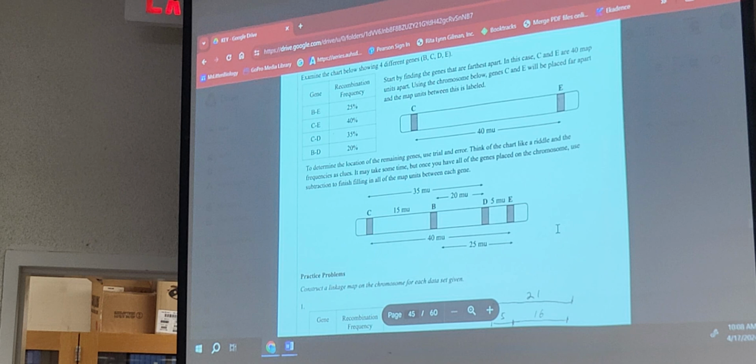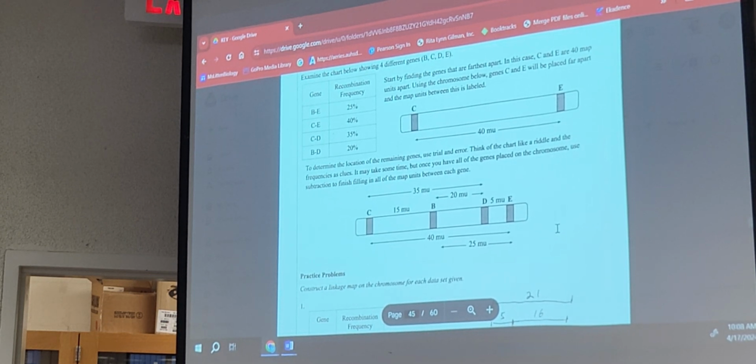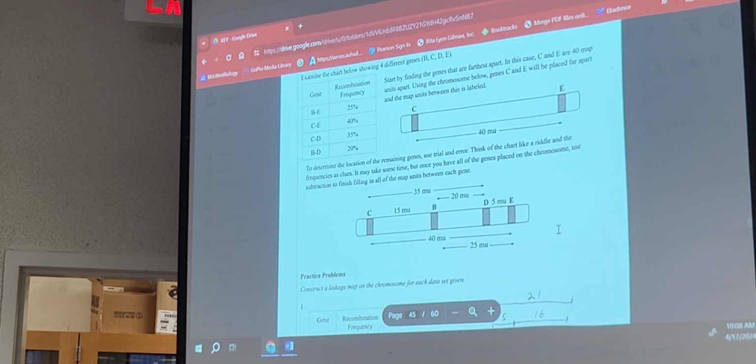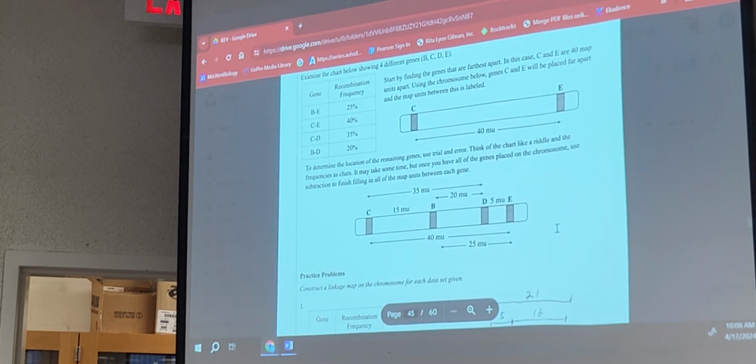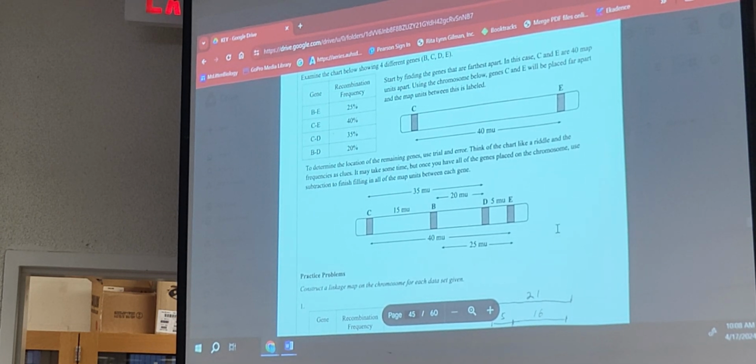Did I write it wrong? 20? Yeah, 25, 20, 35. Yeah. When you add up any of these guys that are in between, they have to add up to the total distance between C and E. Does that help or make sense? Am I confusing anybody more? Are we all good?